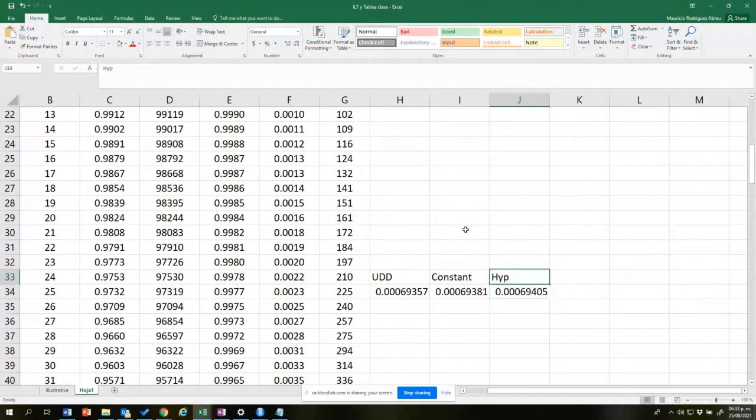Okay, so here we have our 3 probabilities of death for those ages.